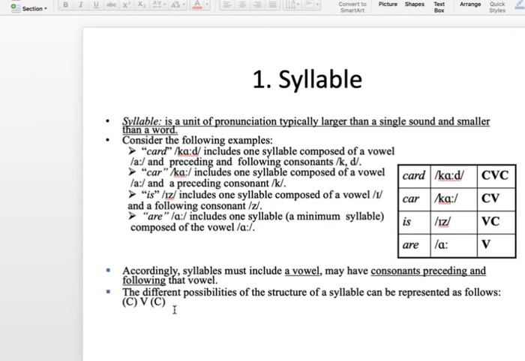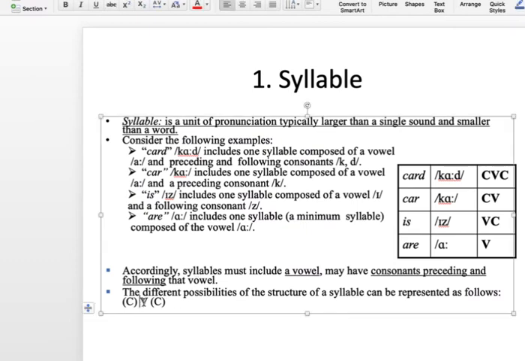So this vowel is the center, or peak, or nucleus, right? And this consonant sound that is coming before the vowel is the onset. So what is the name of the consonant sound, or the more than one consonant sounds, that come after the vowel sound? This is called what? Yes, good. It is called coda.